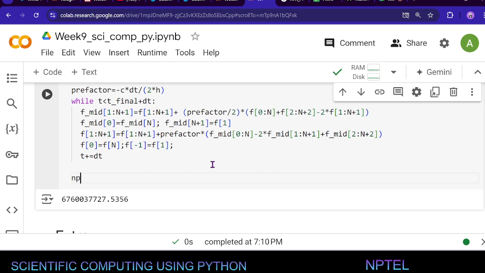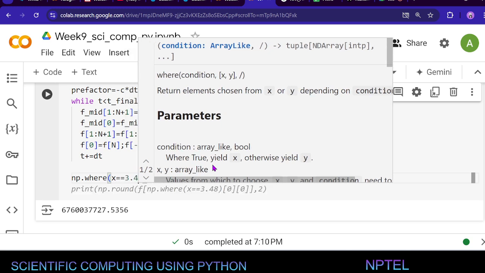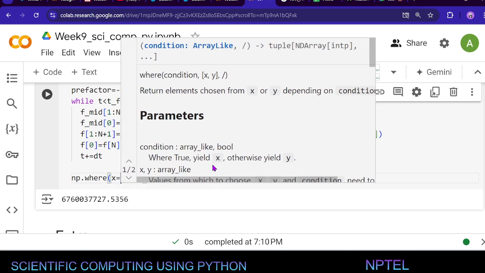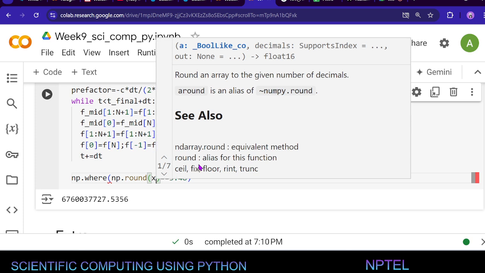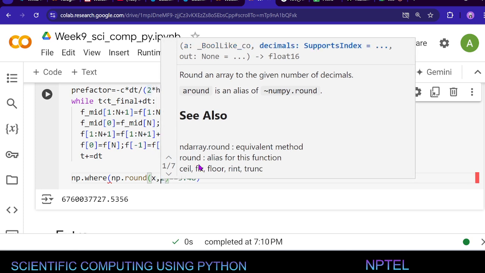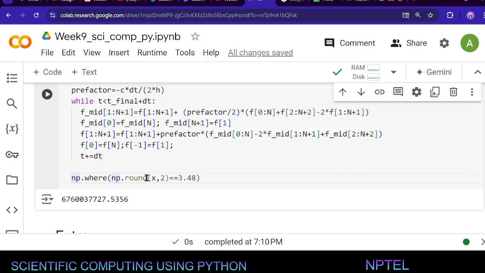So we write np dot where x is equal to 3.48. But x may not be exactly 3.48, right? So we say np dot round of x rounded up to 2 points. That should be 3.48. And this should be the index where the function has to be evaluated.